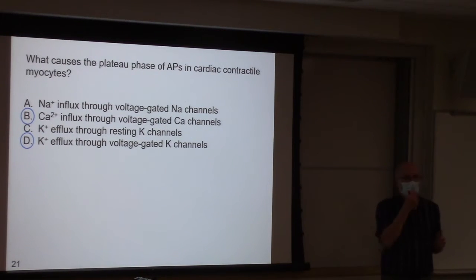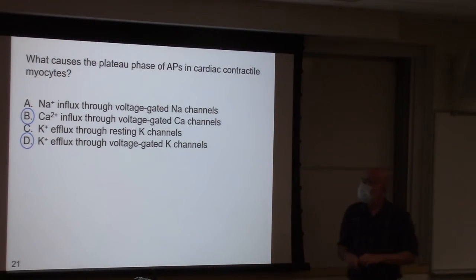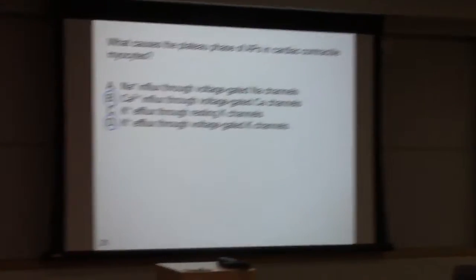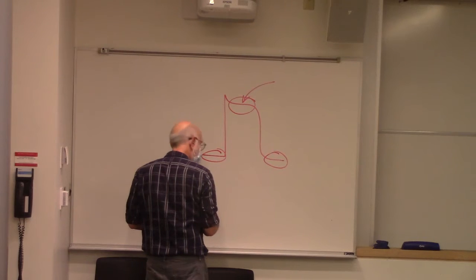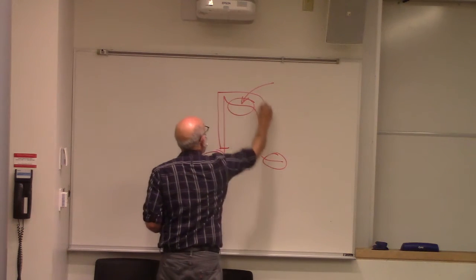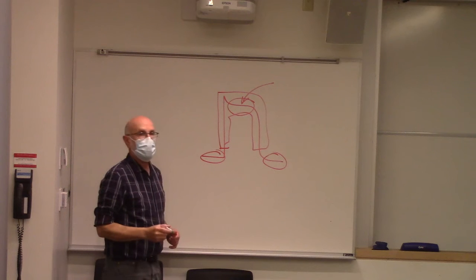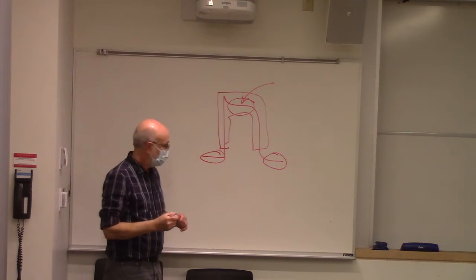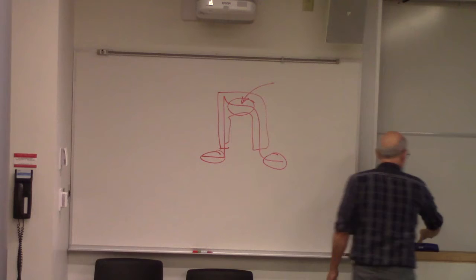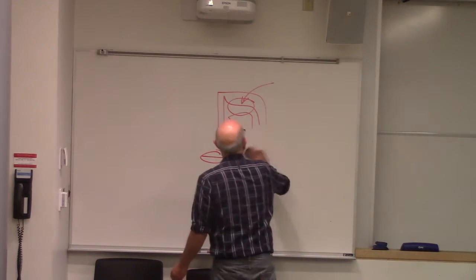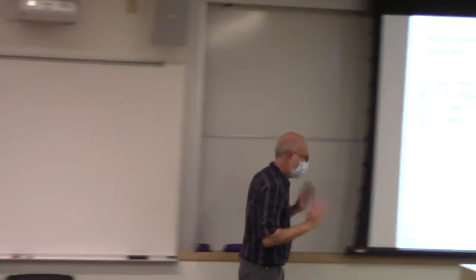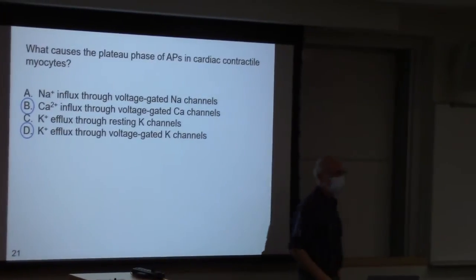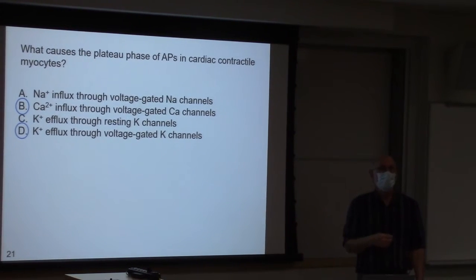But now you know that the resting potassium channels are open at rest. They're open at negative voltages, and they are blocked by intracellular magnesium the rest of the time. And block is equivalent to being closed, but it's not exactly the same. I don't want to get into it. They are not permeable if they are blocked.